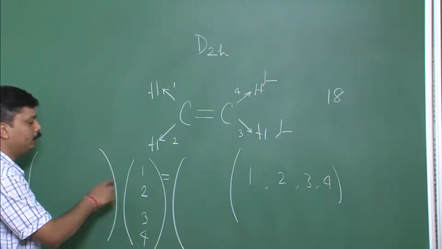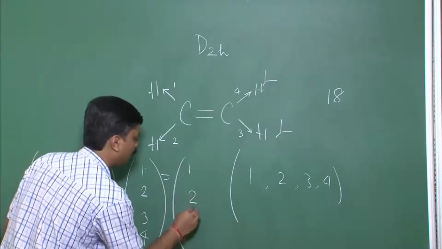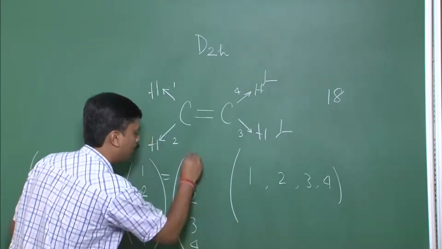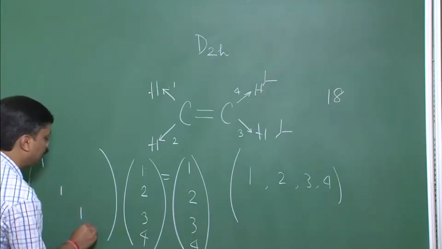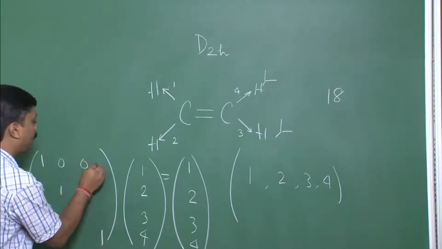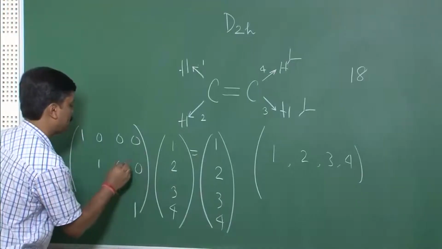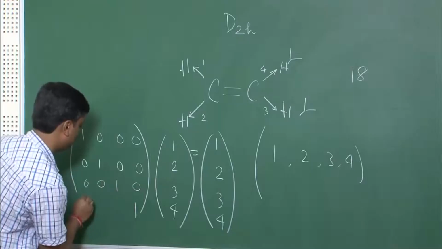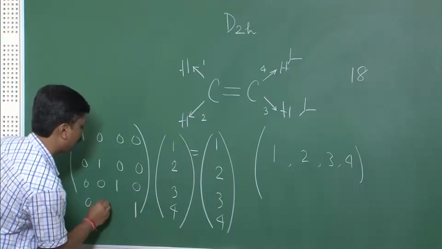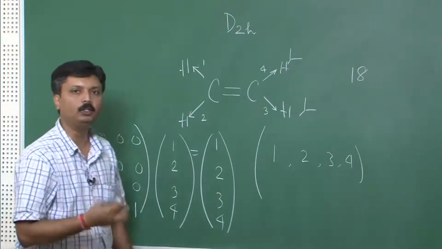Upon this identity operation, I will get my original column vector back, 1, 2, 3, 4. How can that be possible? If I have an identity matrix where all the diagonal elements are 1, while the off-diagonal elements are all 0.